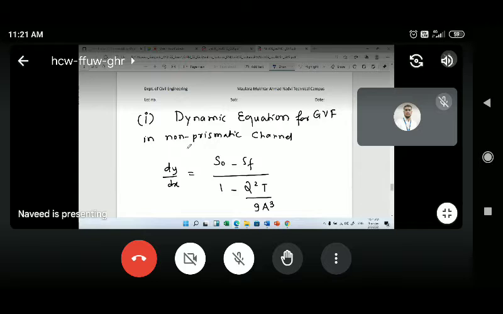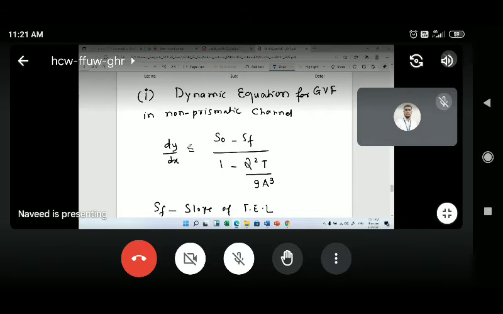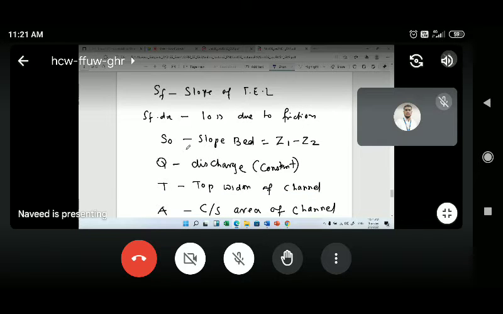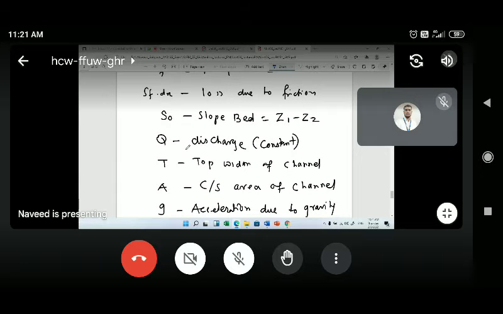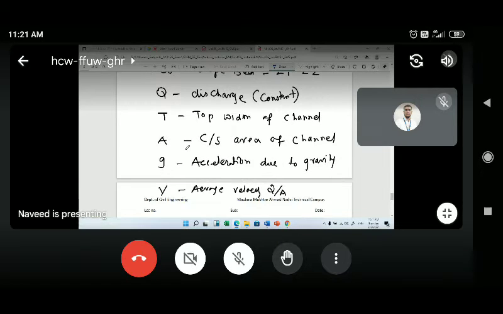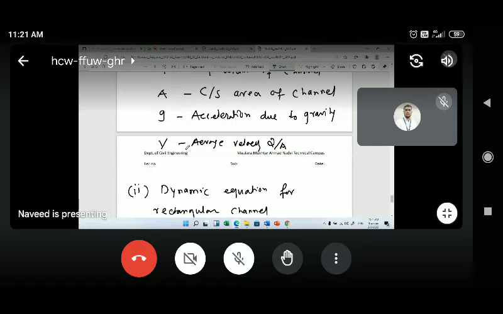Then the dynamic equation we have studied in non-prismatic channel is dy by dx equals S0 minus Sf divided by 1 minus Q square T divided by g A cube. Sf is the friction slope, and Sf into dx is the loss of friction, S0 is the bed slope, that is z1 minus z2, Q is the discharge, T is the top width of the channel, A is the cross-section area of the channel, and g is the acceleration due to gravity.